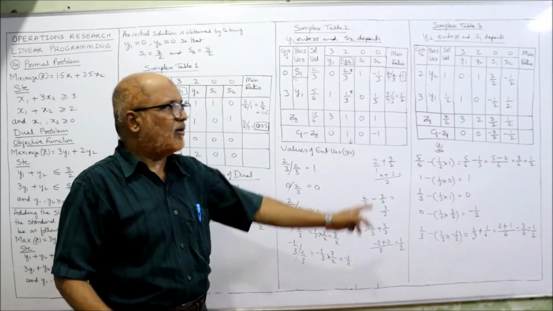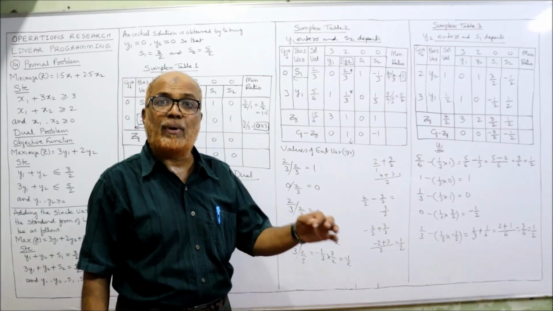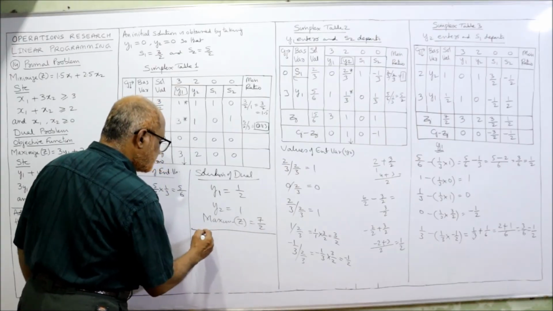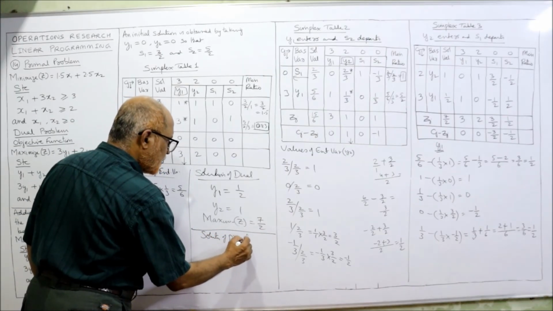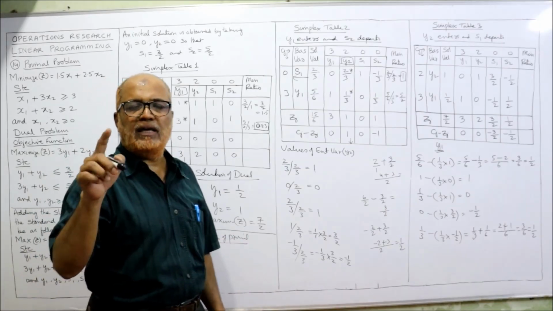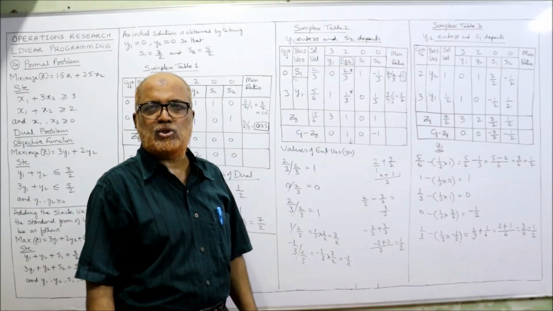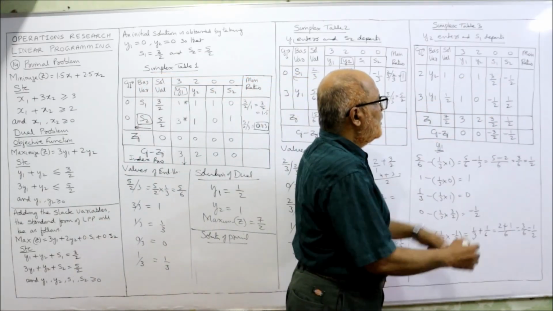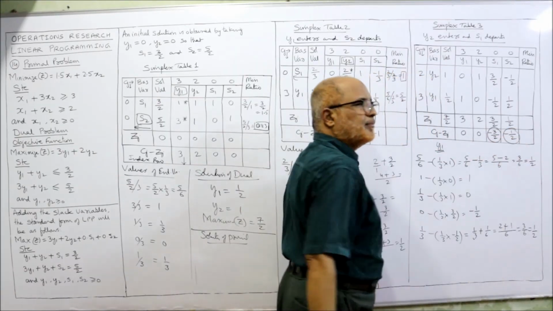But the speciality of this simplex method is automatically we can get the solution of primal also. The solution of primal is under the column slack variable S1 and S2 in index row. This is the index row, these are the slack variable. So minus 3 by 2 and minus 1 by 2.